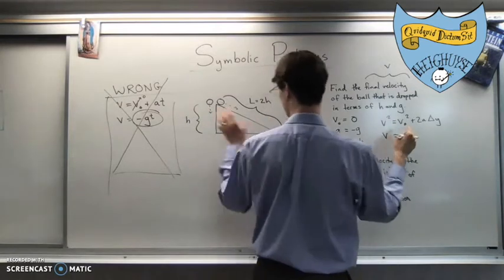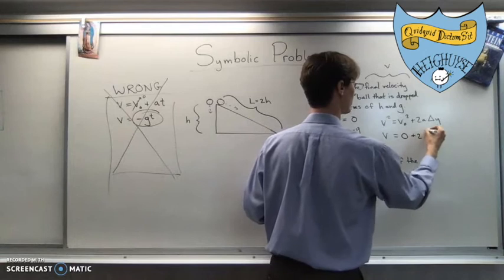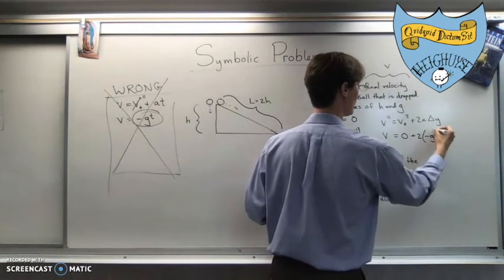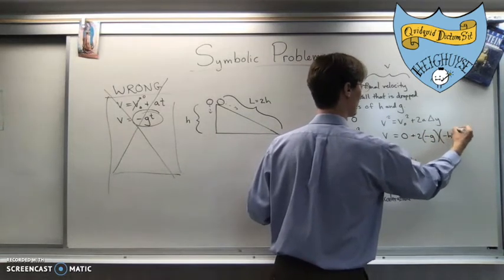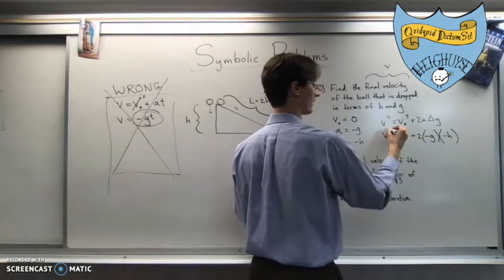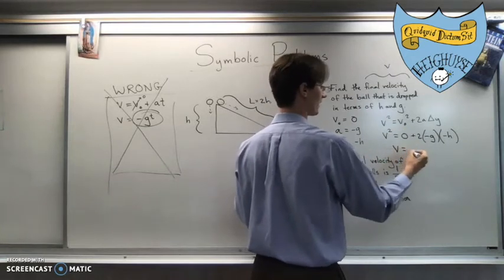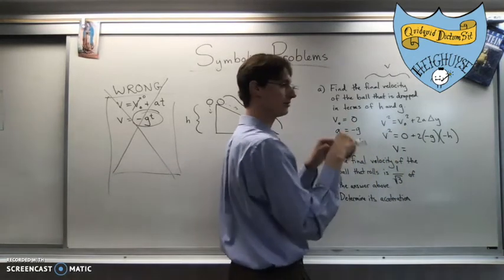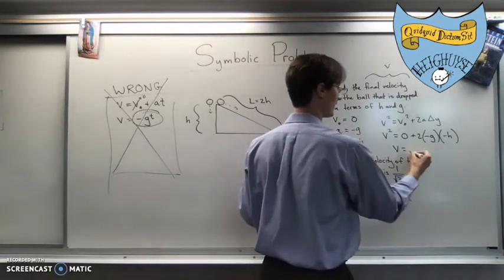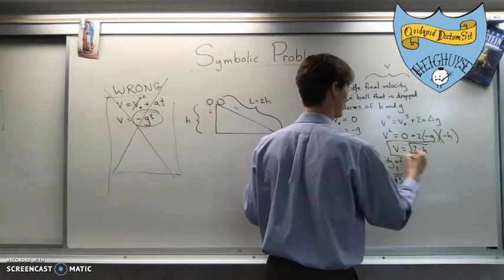We said v naught is 0 because it's dropped. And we have 2 times negative g and negative h. So 2 negatives make a positive. Oops, don't forget to carry down the square. Whew, that was a close one. And I'm going to have v squared equals 2gh, which means that v is the square root of 2gh.